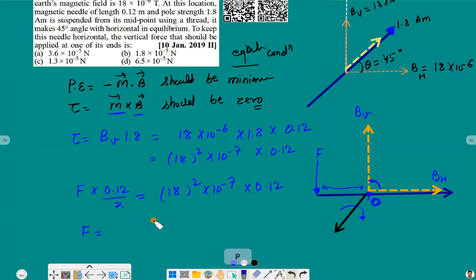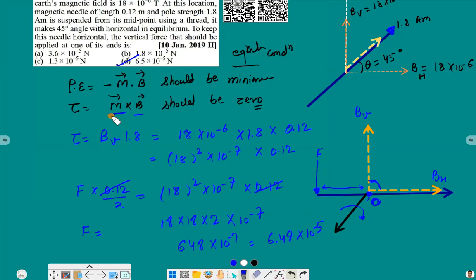Now this 0.12 and 0.12 will get cancelled on both sides, and we will have 18 into 18 into 2 into 10 raised to power minus 7, and this will be equal to 648 into 10 raised to power minus 7, that will be 6.48 into 10 raised to power minus 5, and that is almost option D.